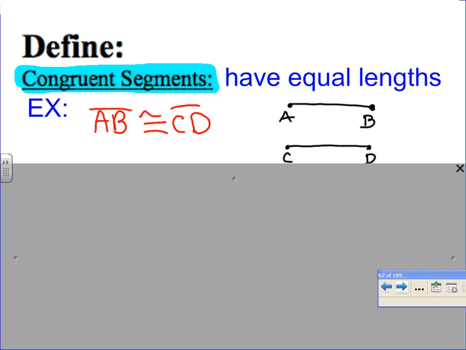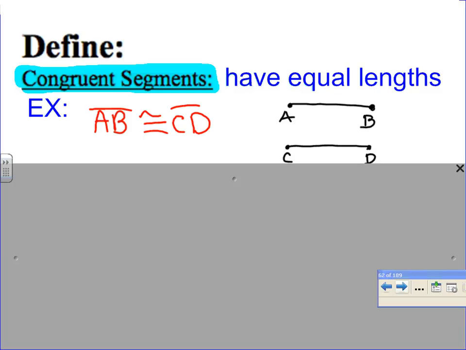The symbol for congruent is an equal sign with a squiggle line above it. It is weird. So this symbol right here, an equal sign with a squiggle line above it, means congruent. The line above these capital letters means a segment. There are no arrows, so that means it stops. It's just a segment.